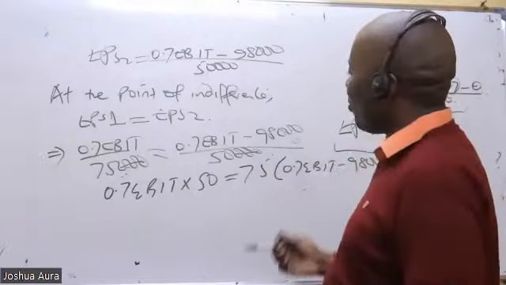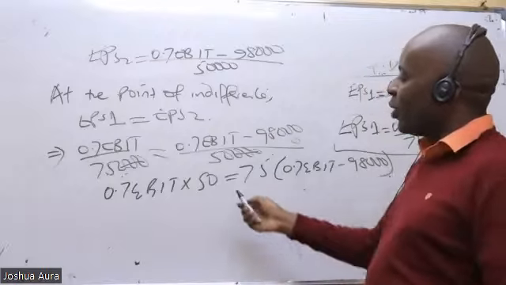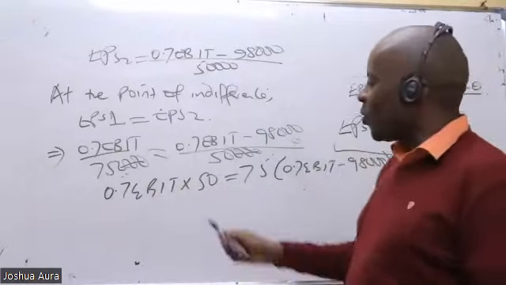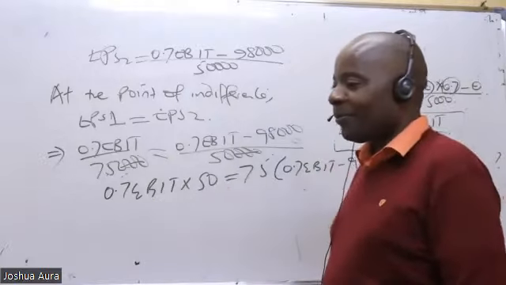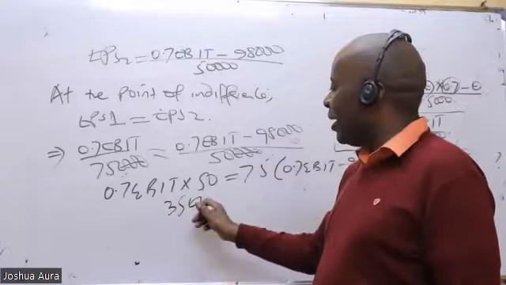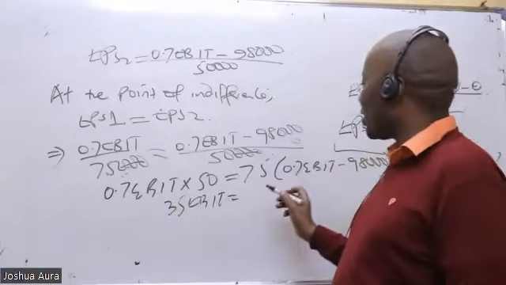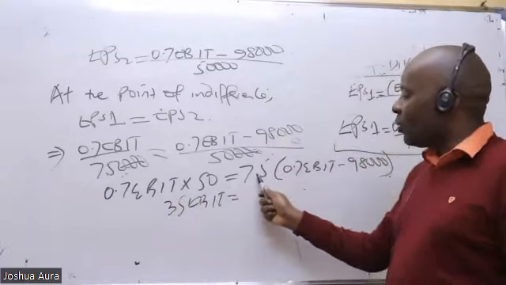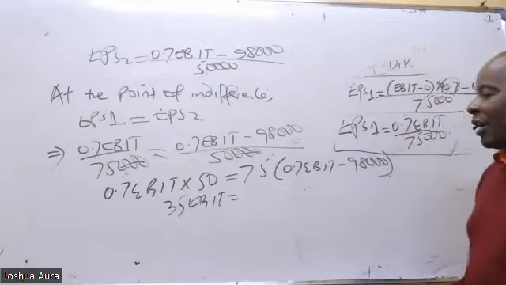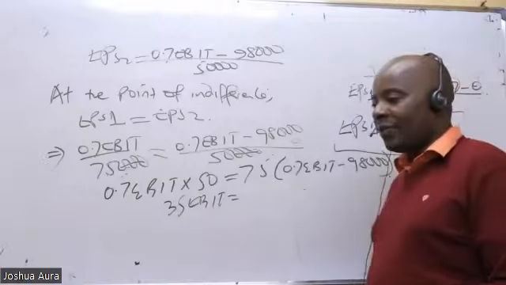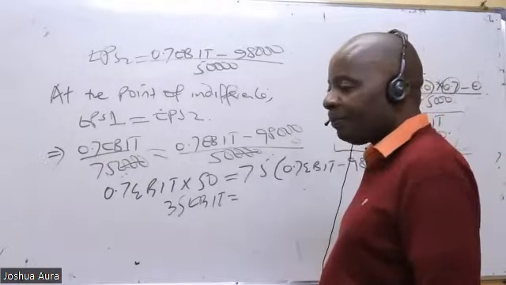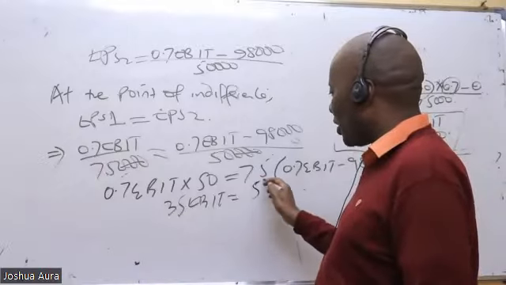So what is 50 times 0.7? 35, so 35 EBIT, thank you very much, equals, I want to distribute this 75. What is 75 times 0.7 EBIT? 52.5, I'm being told.